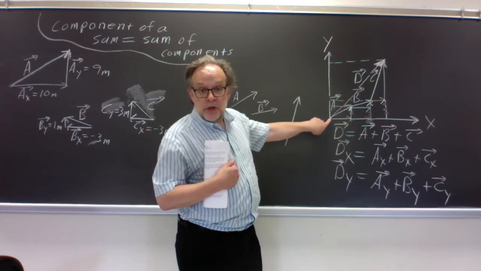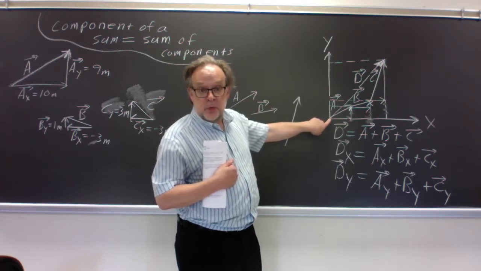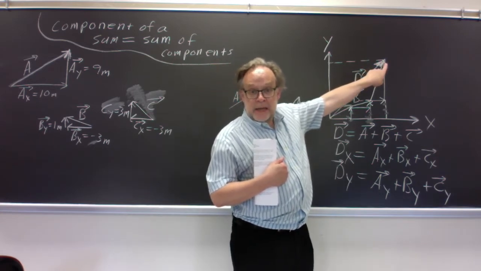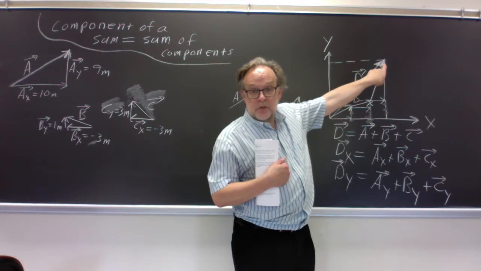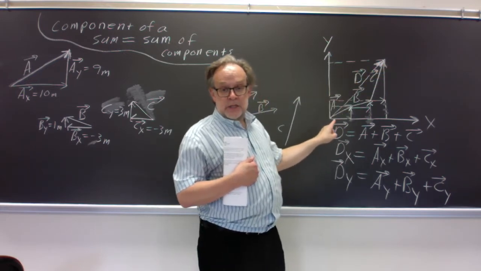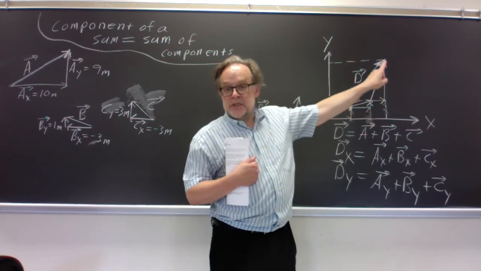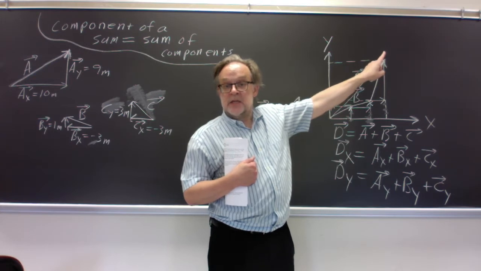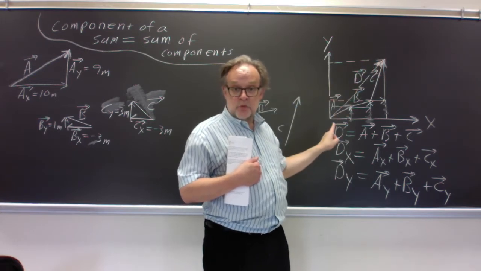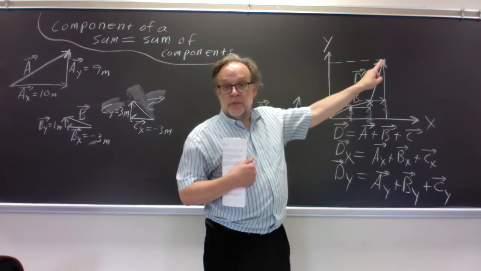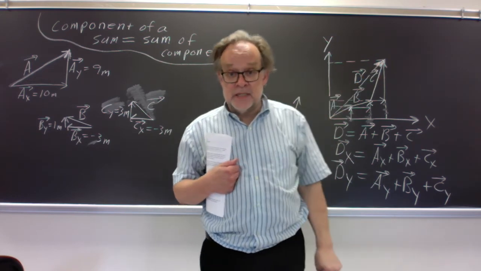The starting point of the first displacement, the starting point of A, to here, the final location of the last displacement, right? The final location of displacement C. So the sum of displacement A plus displacement B plus displacement C, that is the net displacement, is a movement from here, the very beginning of the ABC path, to here, the very end of the ABC path.